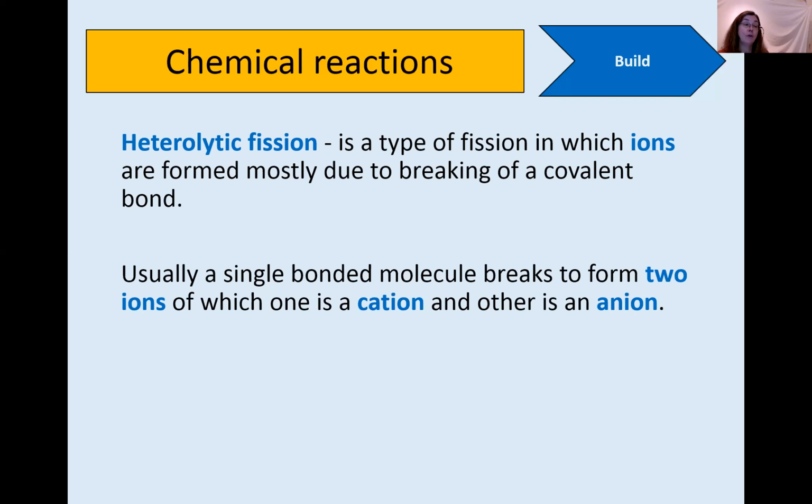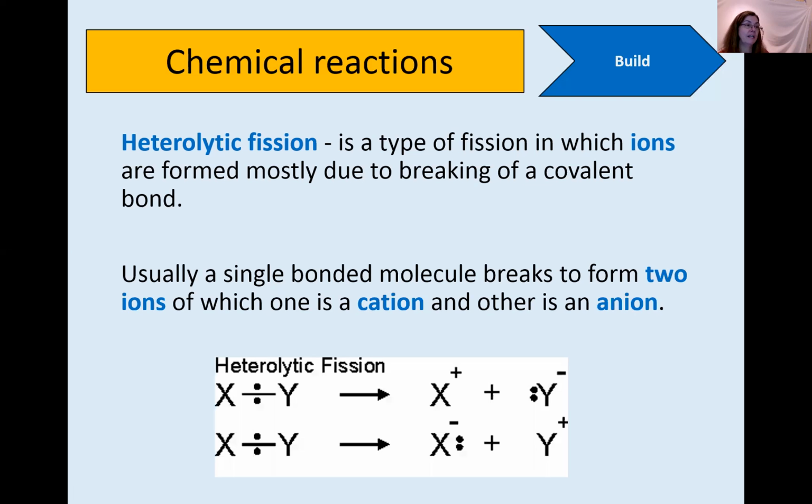So again, if you've not come across cation and anion before, please make that part of your vocabulary, because you will be hearing it quite a lot. Okay, cations, positively charged ions, anions, negatively charged. And the demonstration that I showed you, that's how we would write it in written form, just to show that we can get a heterolytic bond fission and we can get two different types of ion. It can break in two directions.